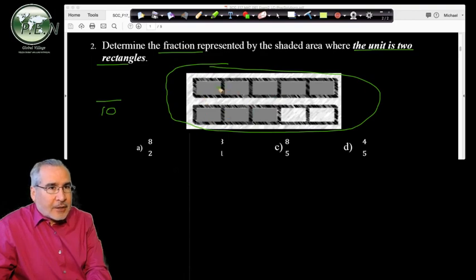And of that, the shaded pieces, again, a part over whole, are 1, 2, 3, 4, 5, 6, 7, 8. 8 out of 10. Part over whole. And this one does reduce. 2 goes into both of these. So we divide both the top and the bottom by 2 to reduce the fraction. 8 divided by 2 is 4. 10 divided by 2 is 5.